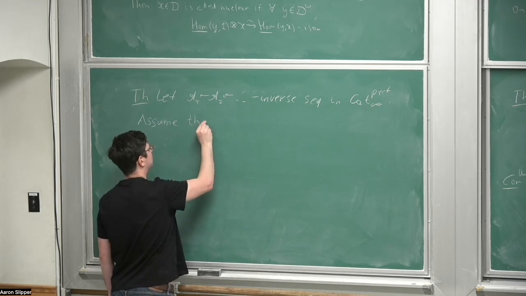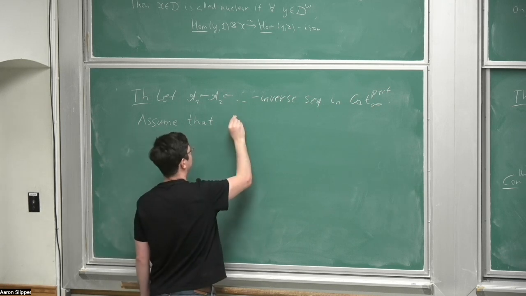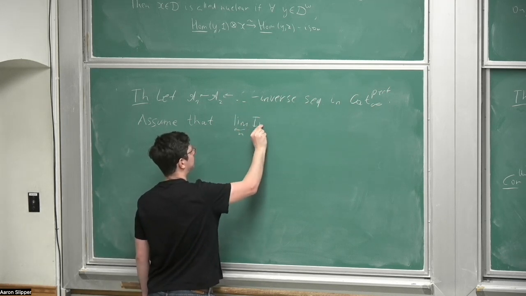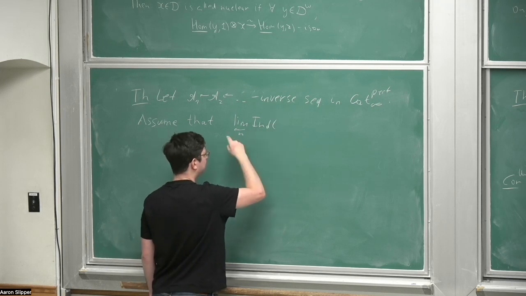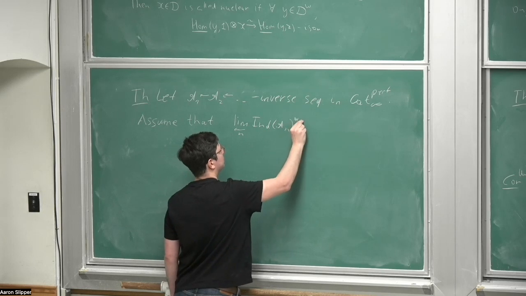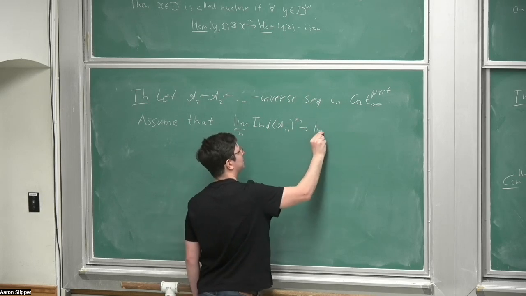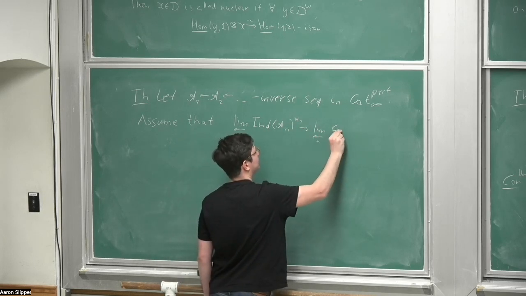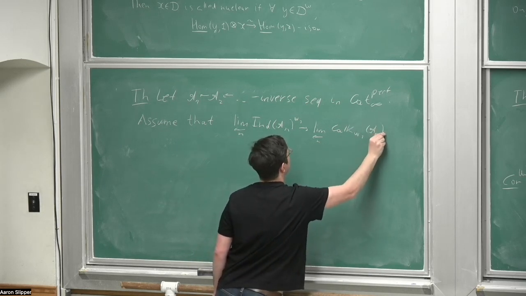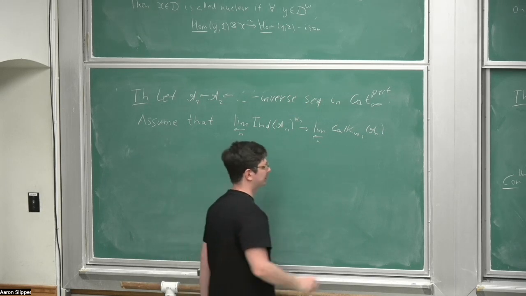Assume that the functor from the limit of countable incompletions of n to the limit of countable commutative rings of n is a homological epimorphism.